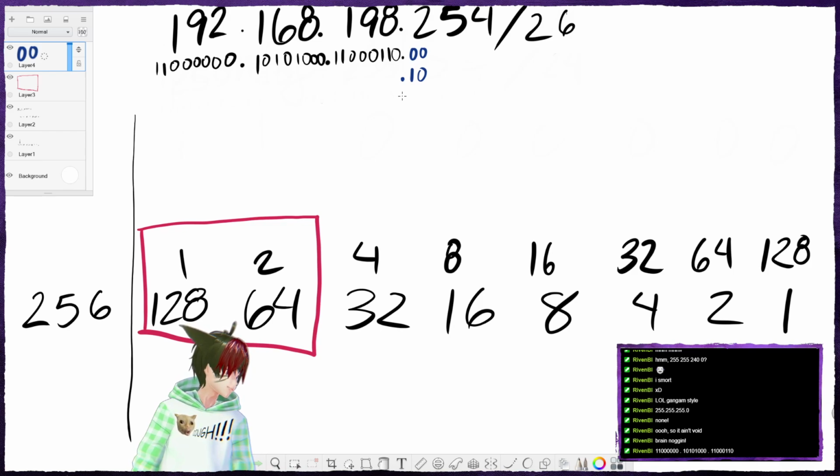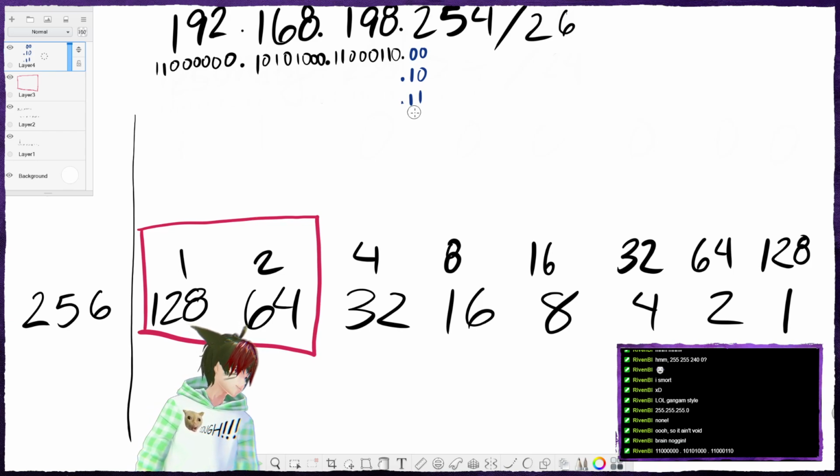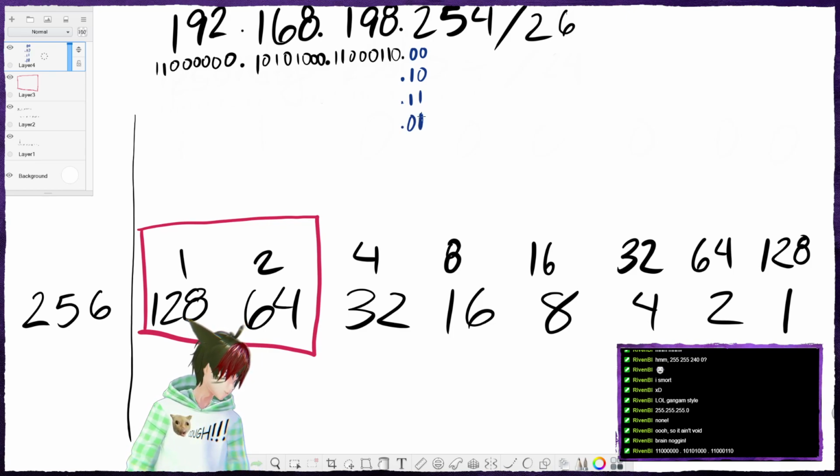We could also have a potential network of .11. Am I missing one more? Oh, actually, yeah, .01.